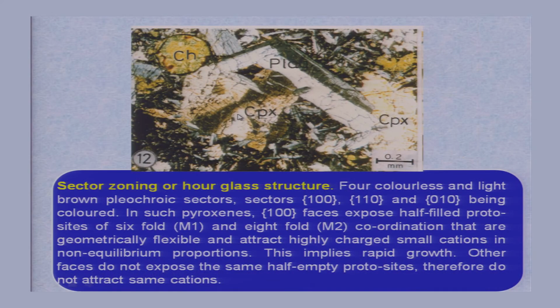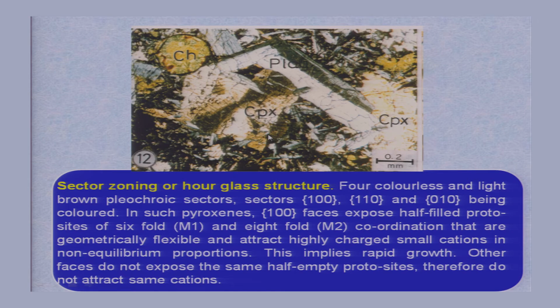In such pyroxene, the first-formed faces expose half-filled protosites of 6-fold M1 and 8-fold M2 coordination that are geometrically flexible and attract highly charged small cations in non-equilibrium proportions. This implies rapid growth.